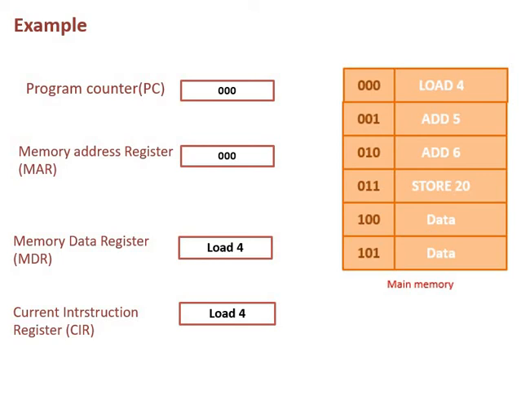The data on address 000 will be transferred through the data bus to the memory data register. Now this instruction is again copied to the current instruction register, where it will go to the decoder in order to be executed.